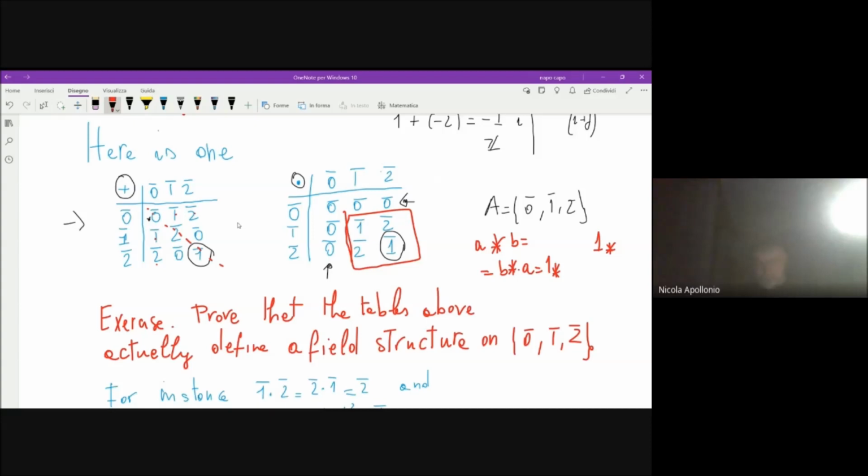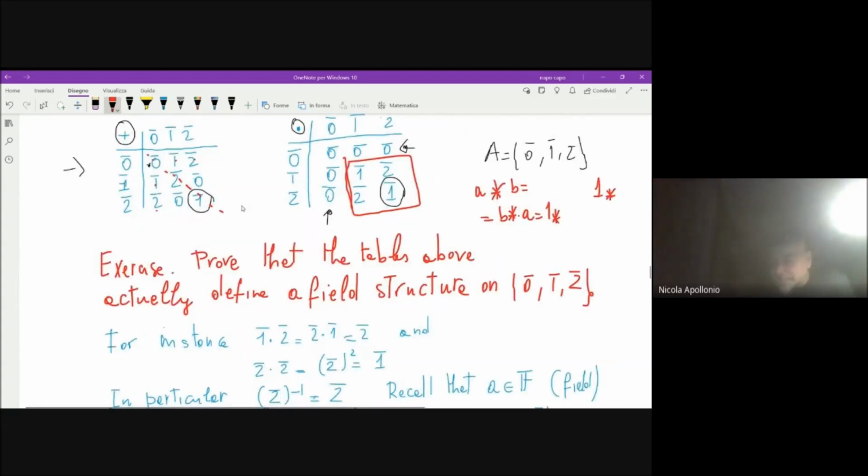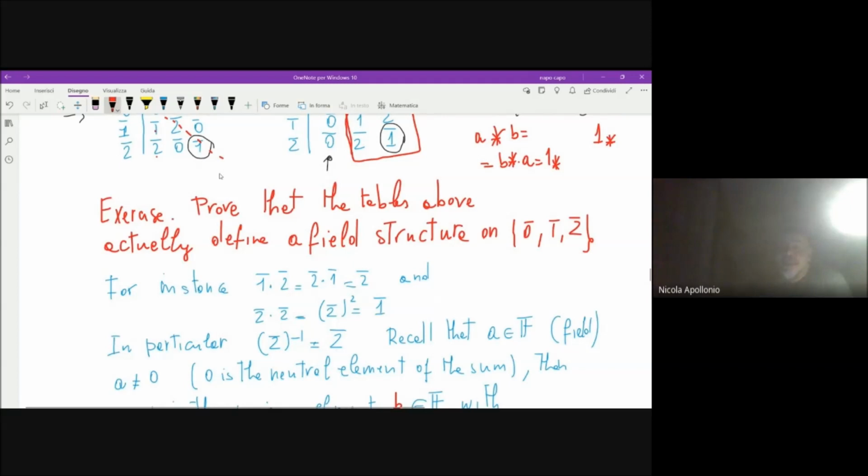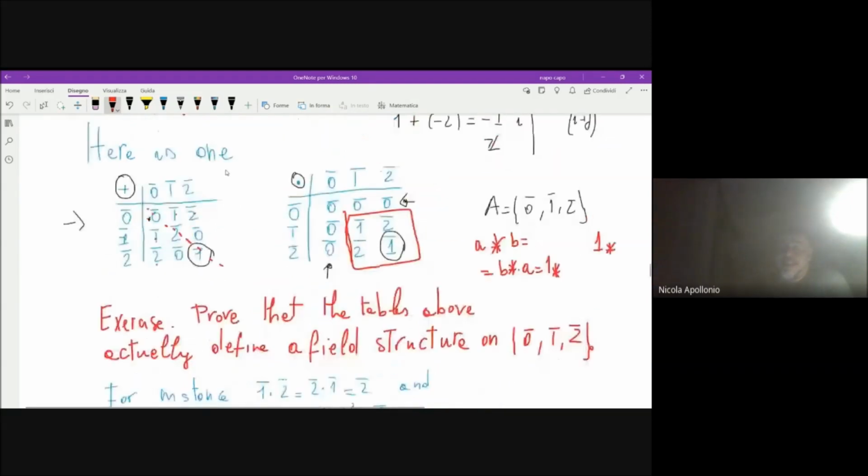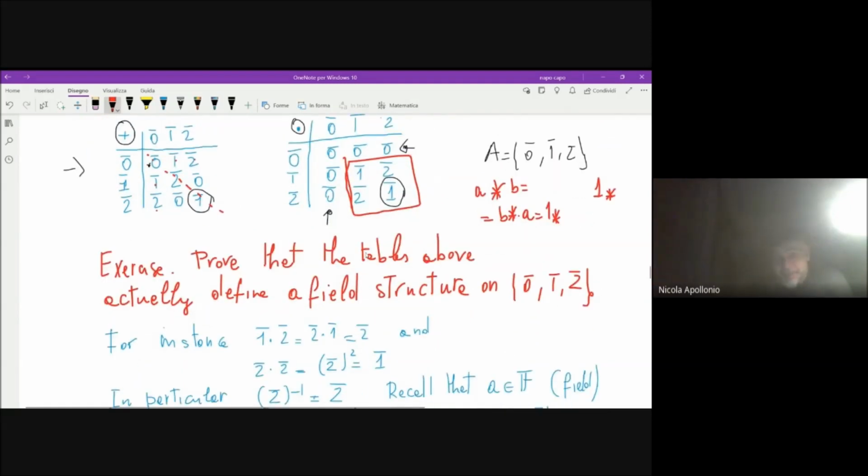Something strange in this arithmetic. However, it's a perfectly legitimate arithmetic. You may remember that we briefly mentioned the algebraic structure, the field structure, and this is a field on the set.